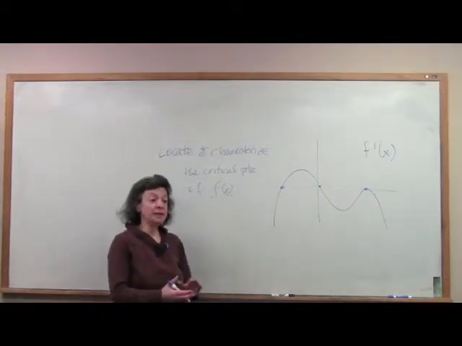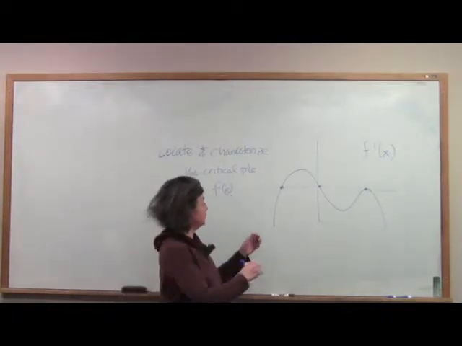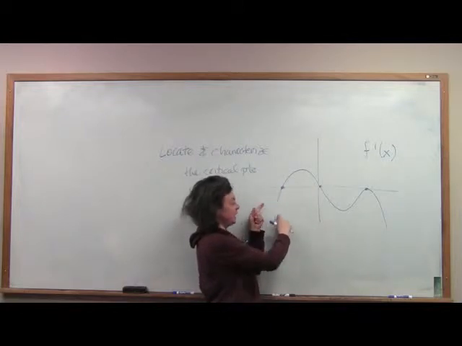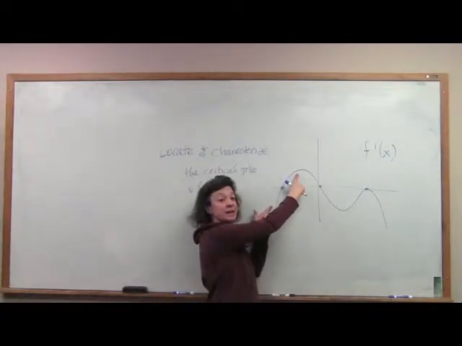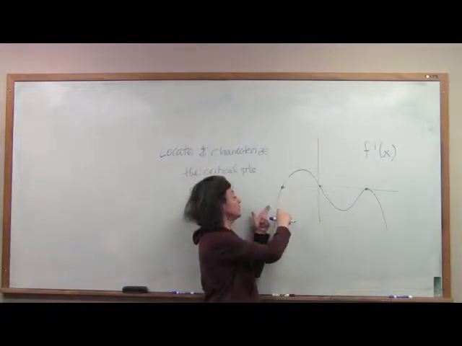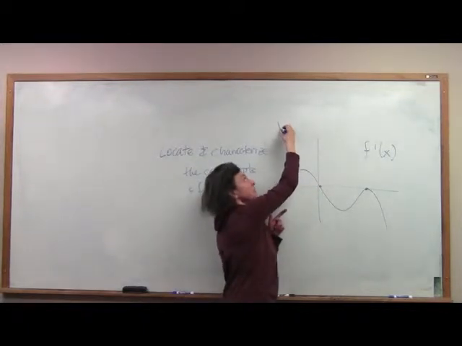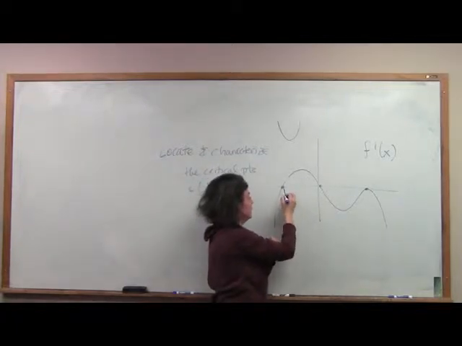All right, well, let's use the ideas of our derivatives in the local max and local min. Doesn't my derivative here go from negative, since it's below my x-axis, to positive, since it's above my x-axis? Sure does. So if my derivative is going from negative to positive, doesn't that tell me that my function's going from decreasing to increasing? And if that's the case, that's a local min.